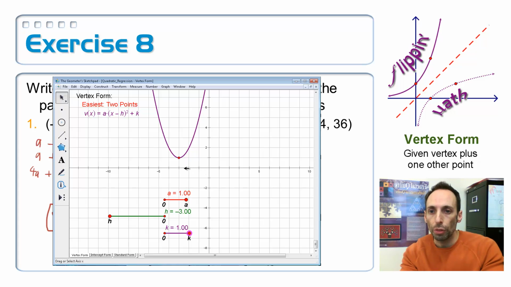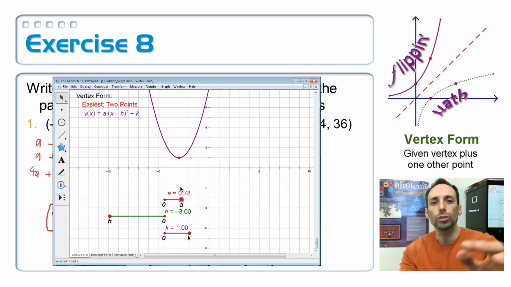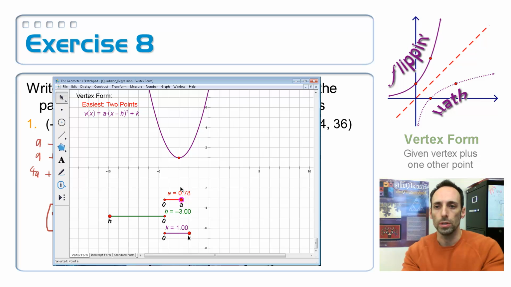So for example, 3, 1, -3, 1 as the vertex. If I just move my a value, I can see that there's an infinite number of parabolas that would go through that point. So what I need is just one extra point, and it'll nail that parabola down. Now that's the only parabola I can make with those points.